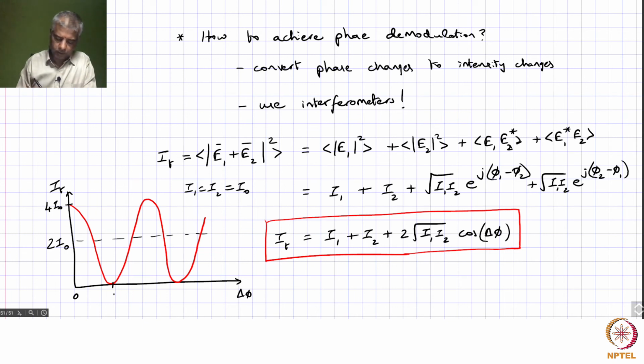So it's going to perfectly cancel when it's pi, and then it's going to be maximum 4 I naught when it's 2 pi, and then 3 pi and all that, right.